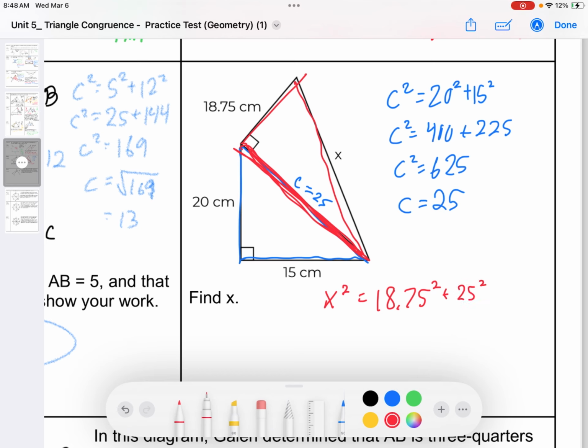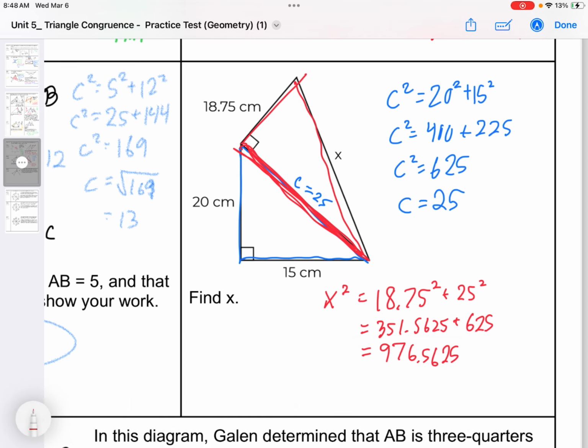If I do that all out, 18.75 squared is 351.5625, plus 25 squared, which is 625. And the total of that is 976.5625. I encourage you to use a calculator there.